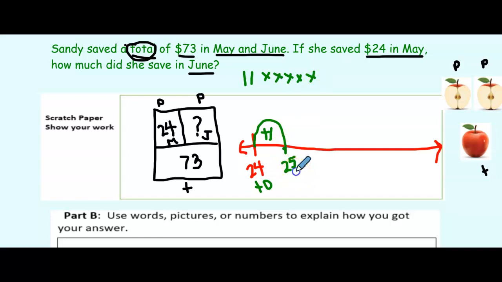Now 25 is a friendly number. So since it ends in 5, let's make a 5's jump. Plus 5 more. So when you're counting by 5s, what's after 25? That's right, 30. And if you're not sure about that, remember you can always add 5 more X's to your base 10 drawing.